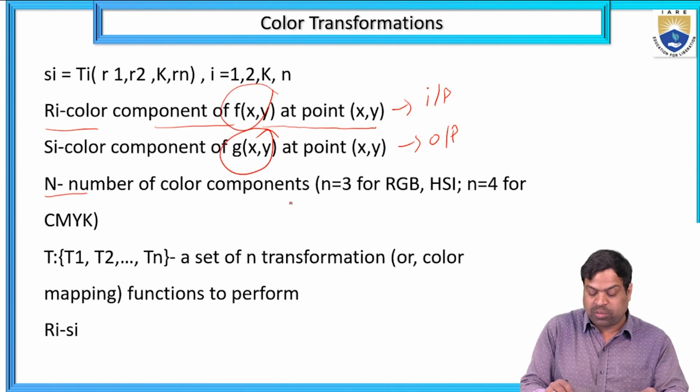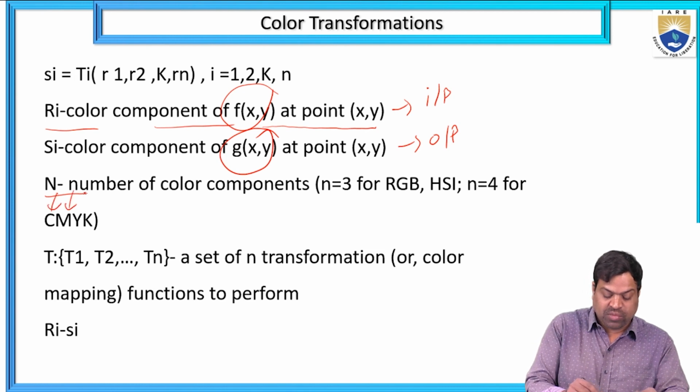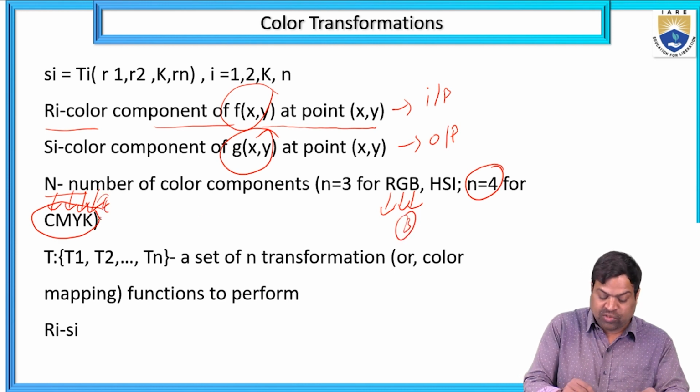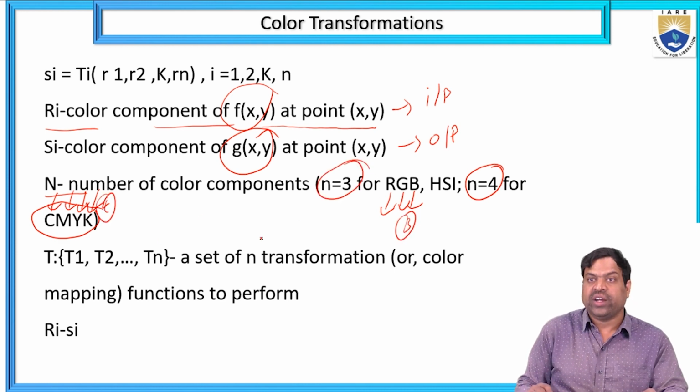Here n equals the number of color components. When n equal to 3, that is RGB. When n equal to 4, that is CMYK. How many colors are there? Four colors, so I am taking n equal to 4. For RGB there are 3, so I am taking n equal to 3.